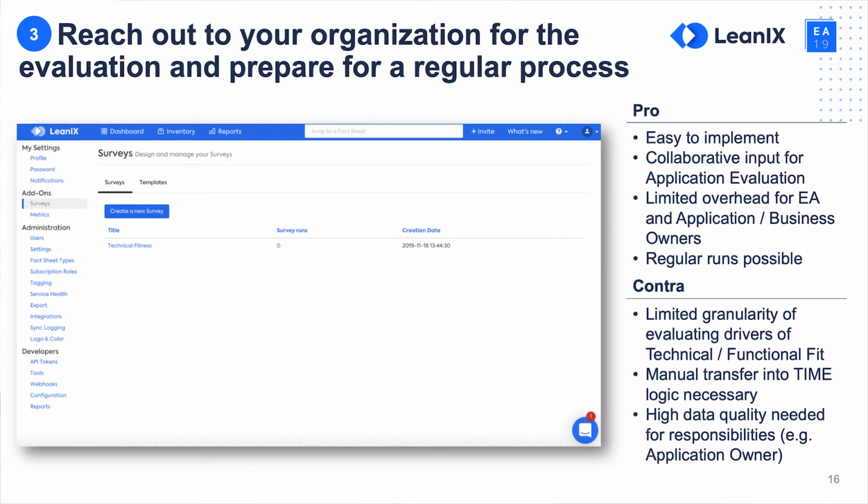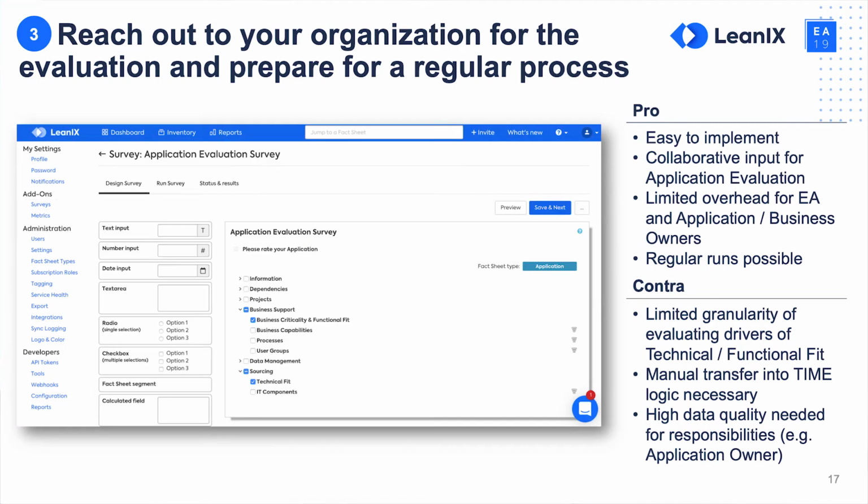You say, please rate your application. Simply choose the business criticality and the technical fit. And coming back to the mastermind, we need the people to answer that. So I'm doing it for my applications, for the role of the application owner, and select this one. Now, in the next step, this goes out.